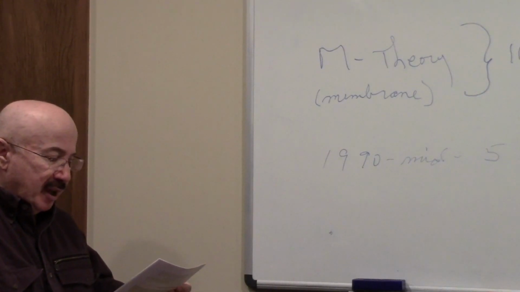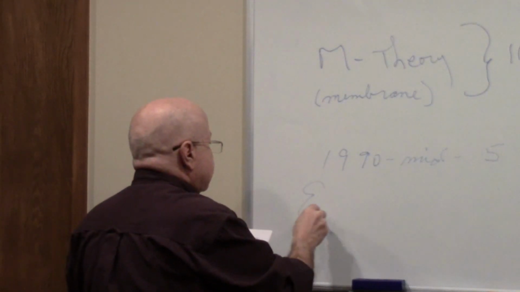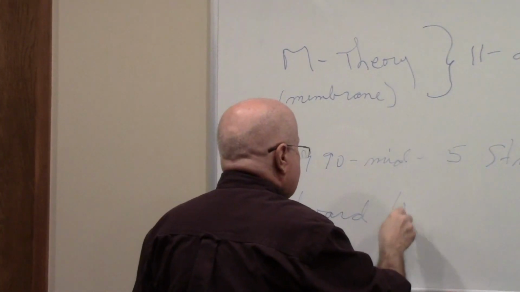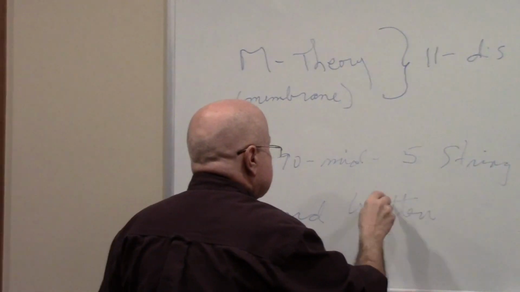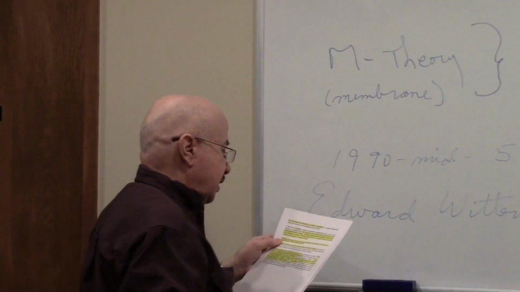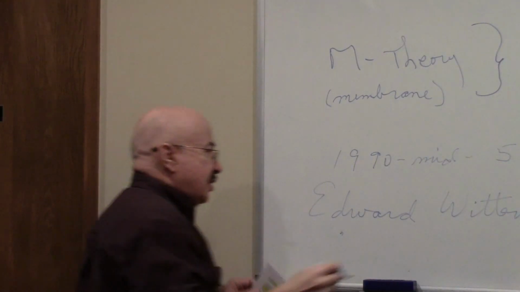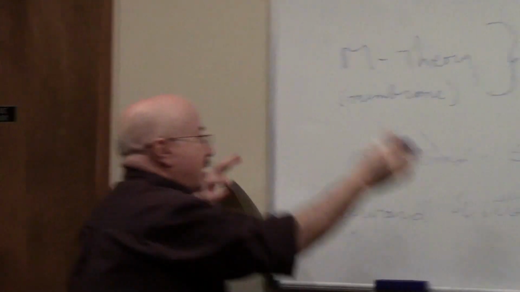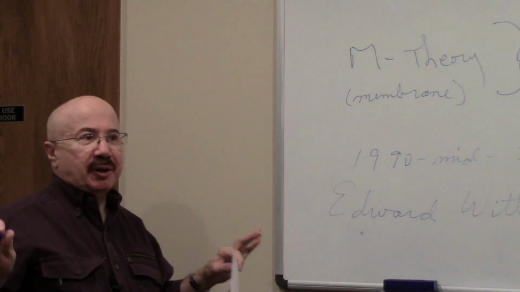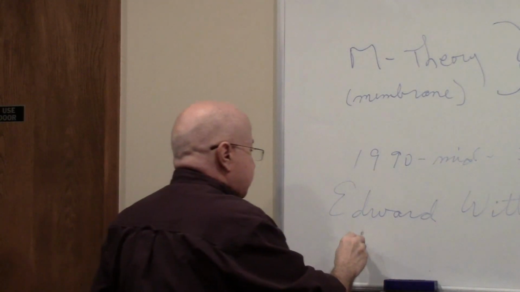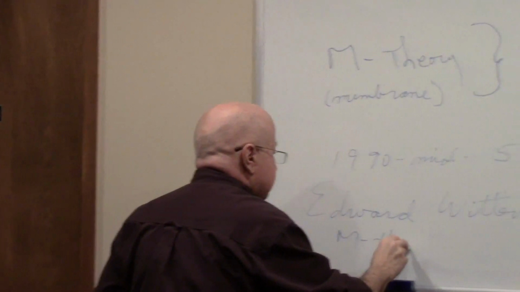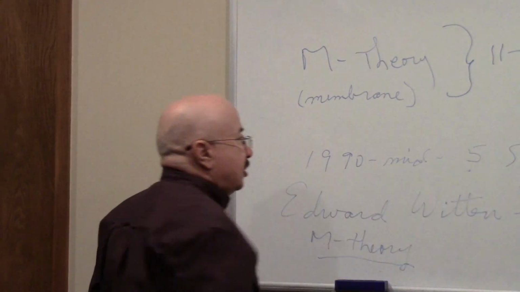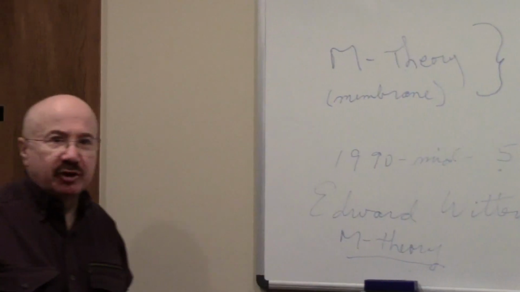So along came Edward Witten, W-I-T-T-E-N, and in 1995 he ties all the string theories together, if you'll pardon the pun, and he comes up with M theory, which is like a superstring theory, and he shows that the 5 string theories are just special cases of M theory.